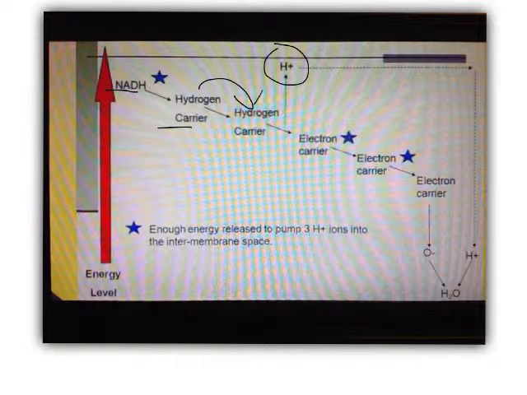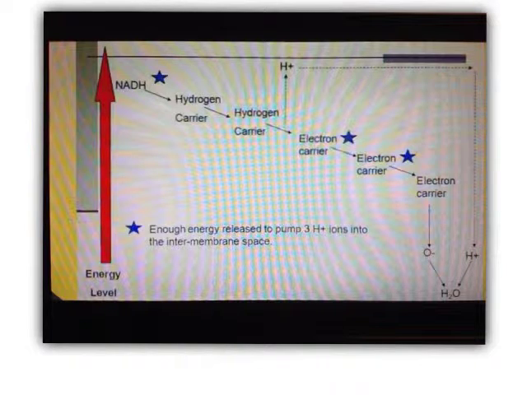It's split. So your hydrogen ion goes off, the electron is then passed down here to a lower energy level, and then passed again to a lower energy level, and to another lower energy level. And again, at each of these points here, enough energy is given out to pump 3 hydrogen ions into the intermembrane space, which is what's going on here, and therefore make 1 molecule of ATP.